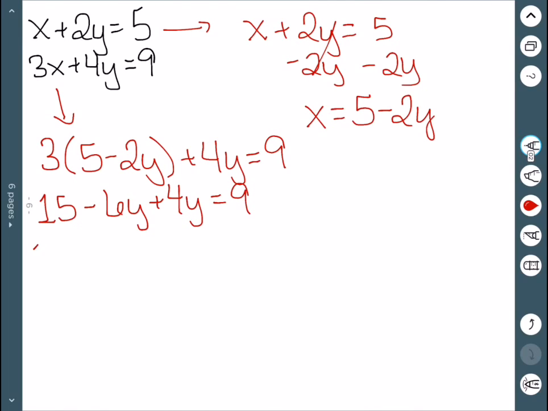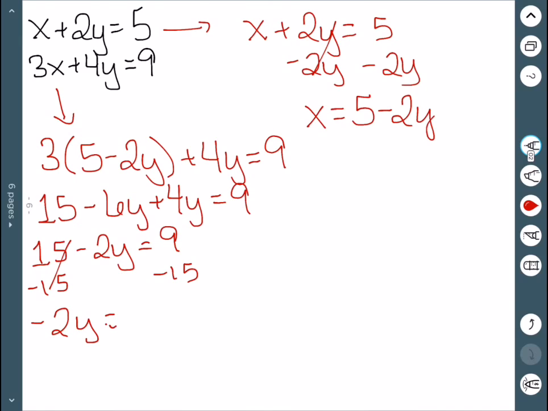We can combine the y terms and get 15 minus 2y equal to 9. Subtracting 15 from both sides. On the left, we get -2y. On the right, 9 minus 15 is -6. We then divide by -2 to see that y is equal to 3. So we have our first variable.